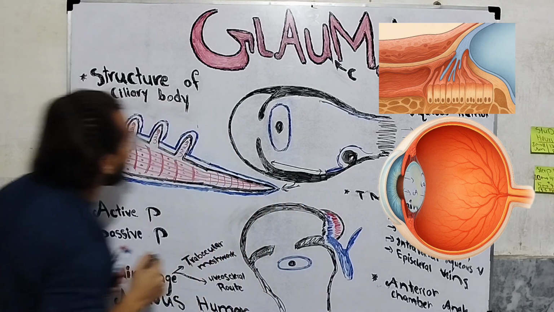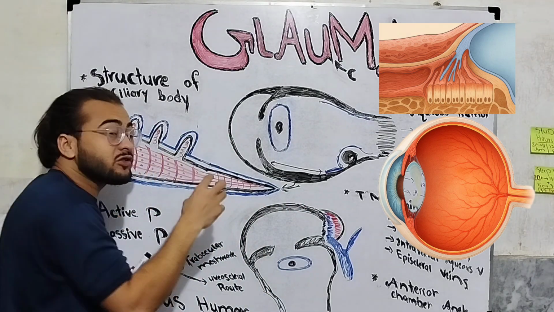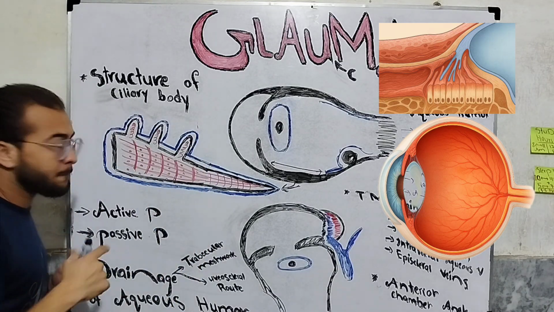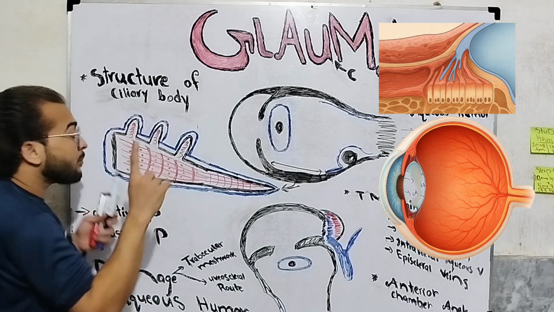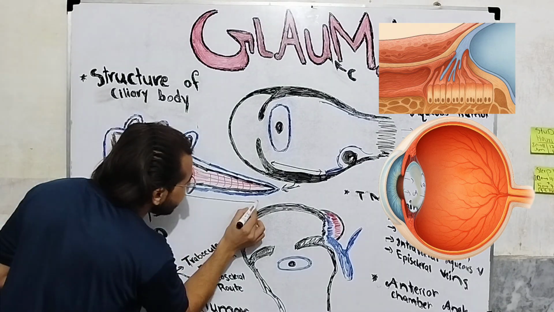So what is the structure of the ciliary body, and which structures produce the aqueous humor? The ciliary body has two portions. It is about 6 millimeters in width.